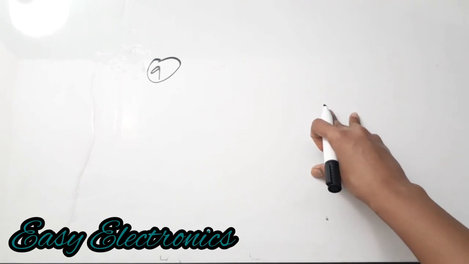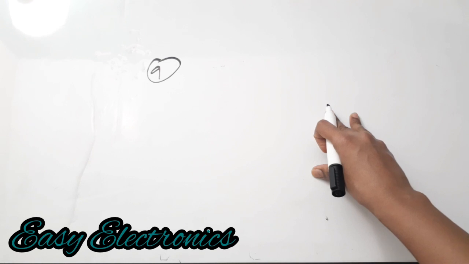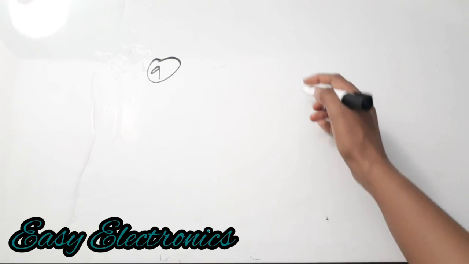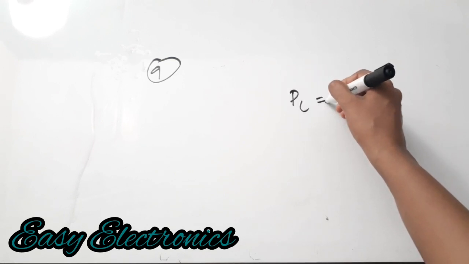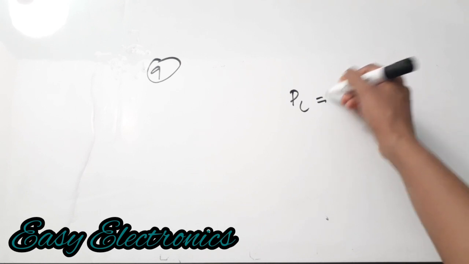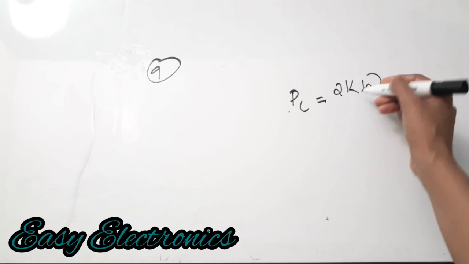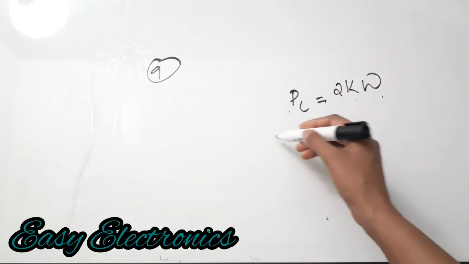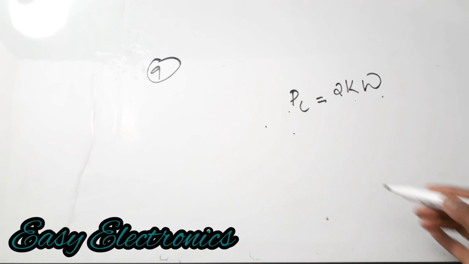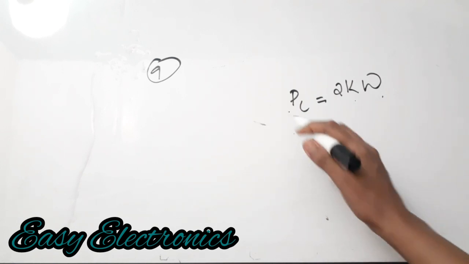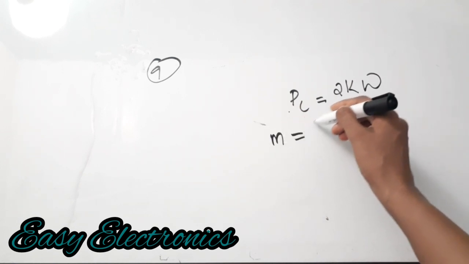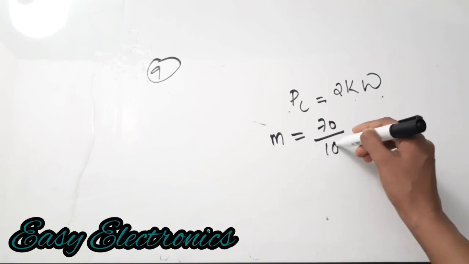The carrier frequency and the modulating signal frequency are given, but we need to find the power, so we don't need the frequencies. The carrier power is given, PC equal to 2 kilowatts. Also, modulation depth is 70%, which means modulation index M is 70 by 100, equal to 0.7.